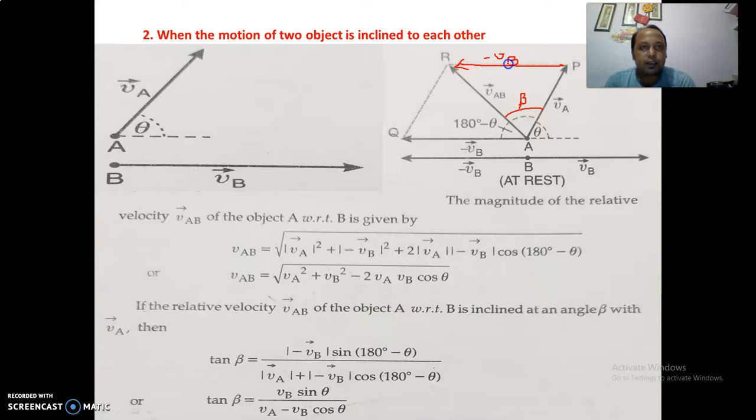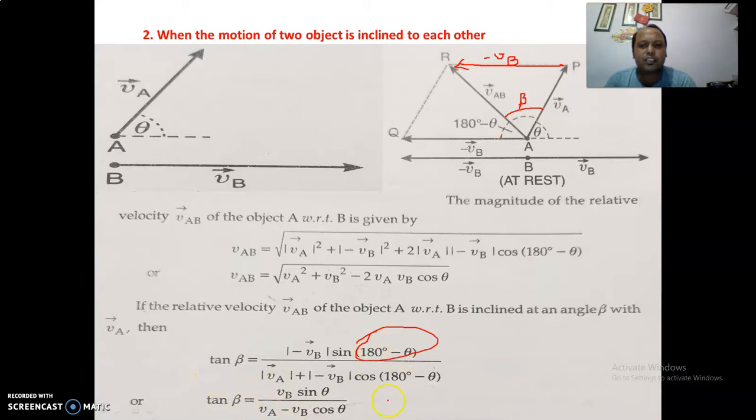So we have tangent beta will be equal to the magnitude of minus VB, which is written here, sine of the angle between them, which is 180 minus theta. This angle between VA and minus VB is 180 minus theta. So that value we are writing here, and divided by VA plus minus VB cos 180 minus theta. So sine 180 minus theta.